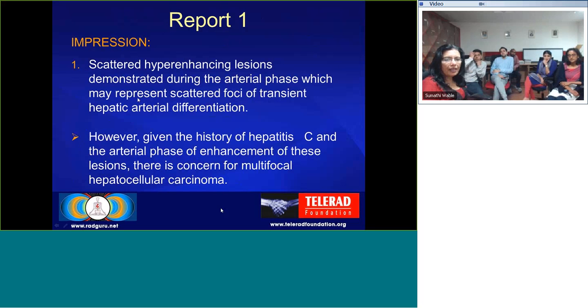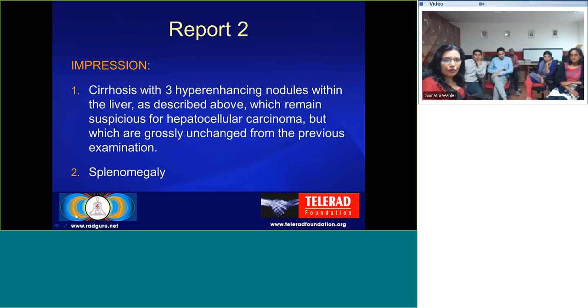Now, this is how our reporting evolved. This is how our initial reports used to look. Scattered hyperenhancing lesions demonstrated during arterial phase may represent scattered foci, like saying it may be this or that. And this one says arterial phase enhancement of these lesions is of concern, but how sure are we?